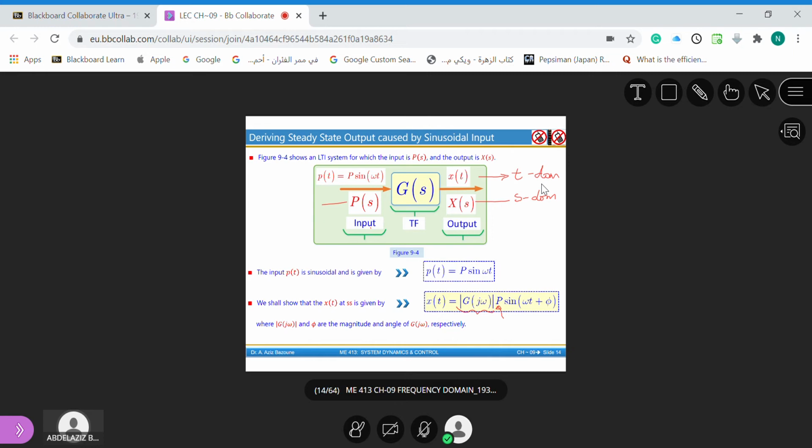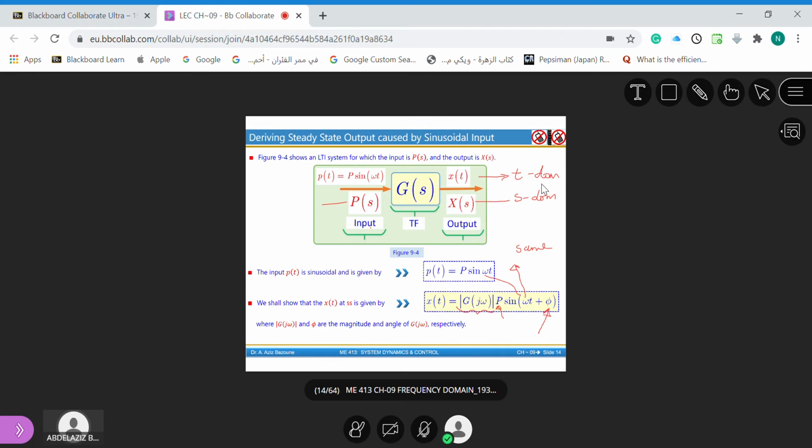Omega is the same as the input. Omega is the frequency of the input, so this and this are the same, omega. But all we need is to calculate G(jω), which is the magnitude of the transfer function. P is known, and we need to calculate φ also, which is the phase angle.